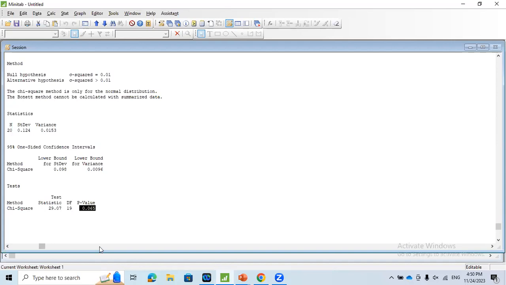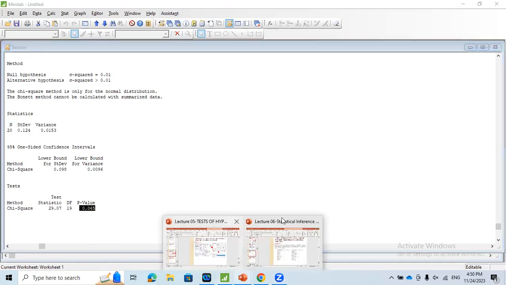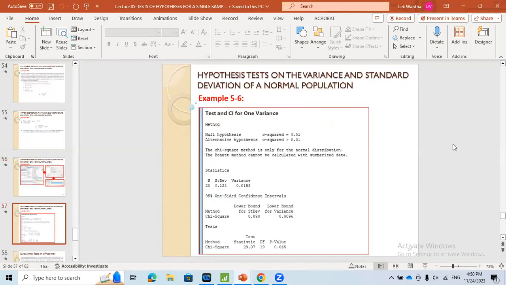Our hypothesized value is 0.01. That's right. It's less than 0.01. You accept also. Okay, for this case, that means the variance is less than 0.01. Okay, for the variance, I will show you only one.